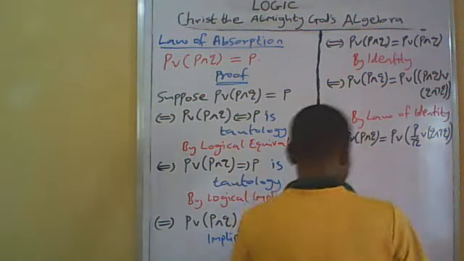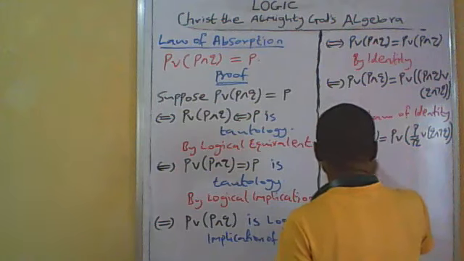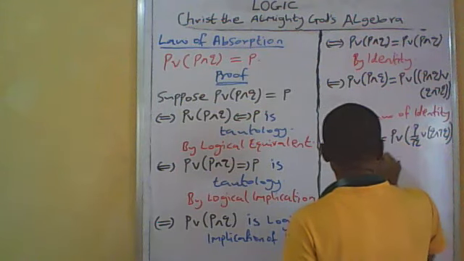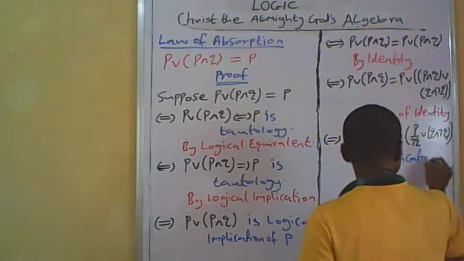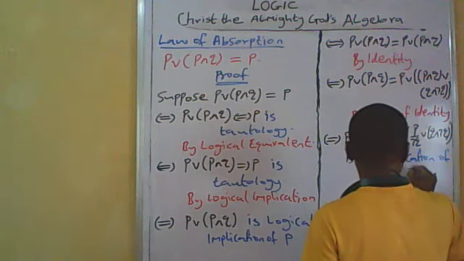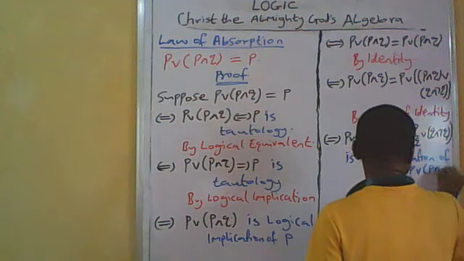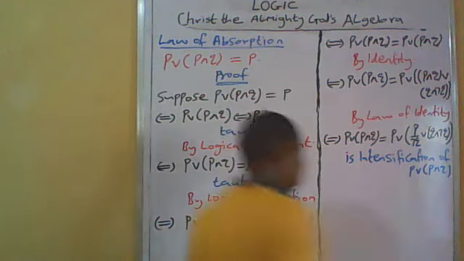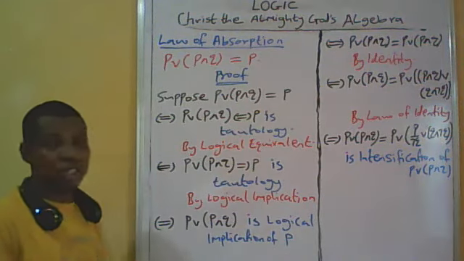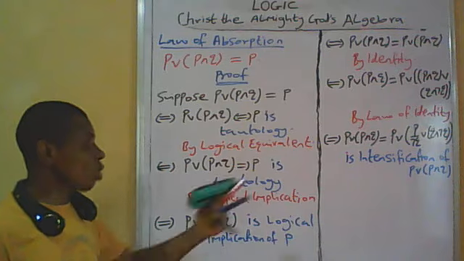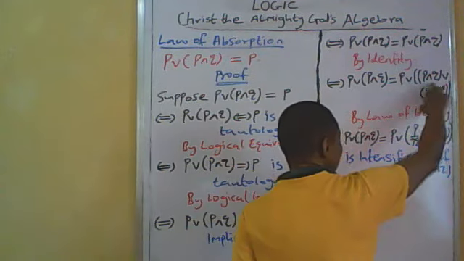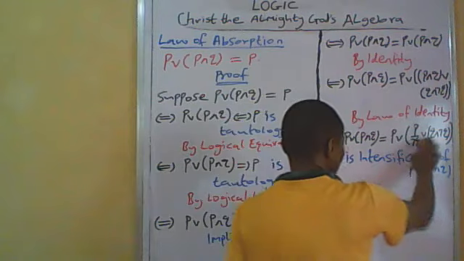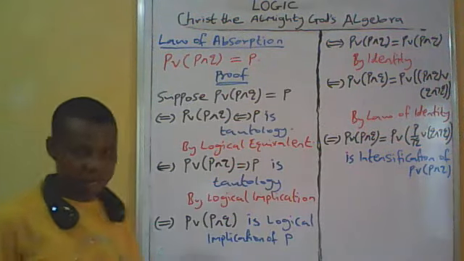You see, this is an intensification of P or (P and Q). Being justified by Christ Almighty God's grace. It is through Christ Almighty God's grace that we transform this conjunctive statement to a conditional statement.